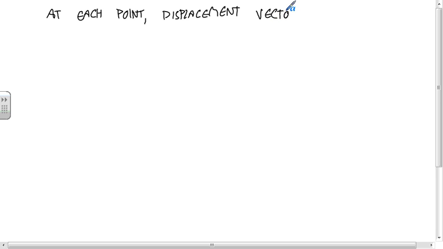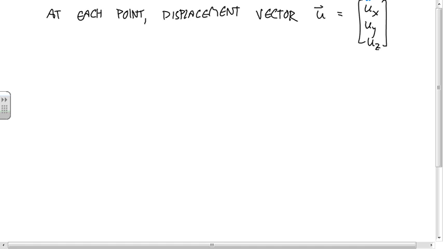So for each point, the displacement vector, sorry, has three components, ux, uy, and uz.